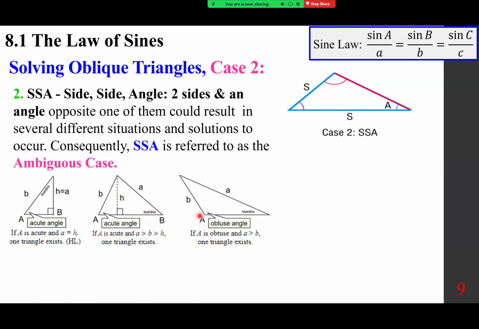If A is obtuse, that means between 90 and 180, and A is larger than B, one triangle. By the way, A must be the largest side anyway, because the larger the angle, the larger the side opposite that angle, okay?